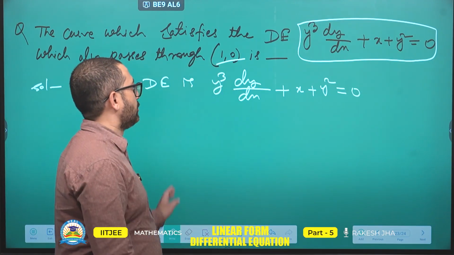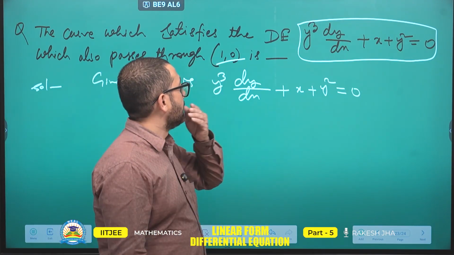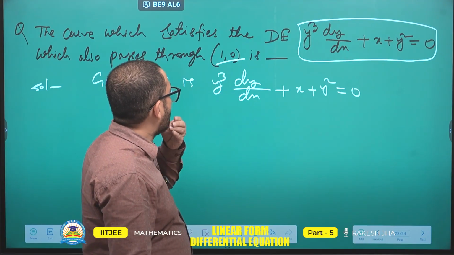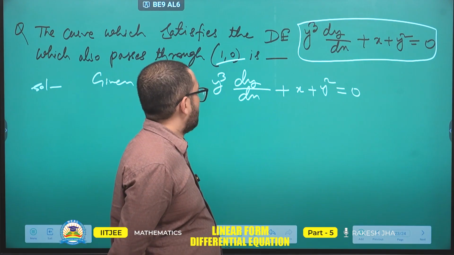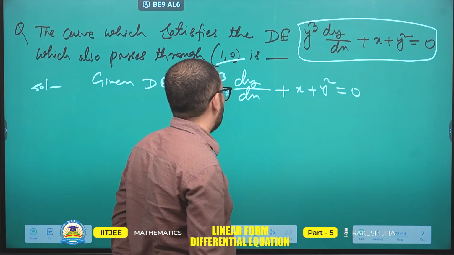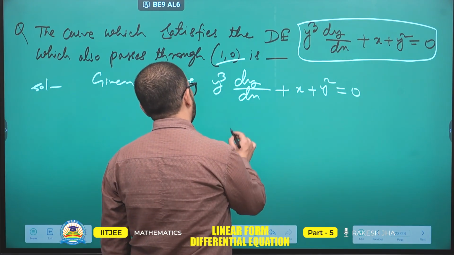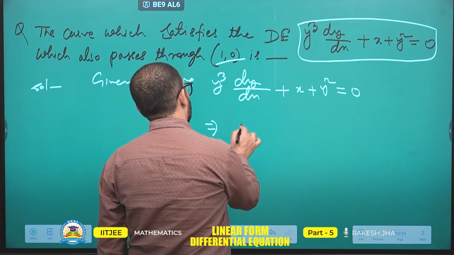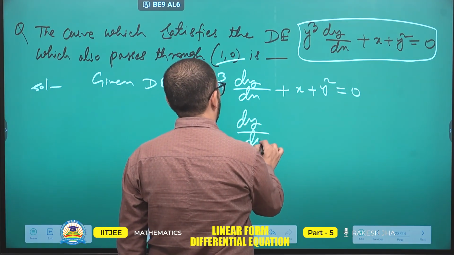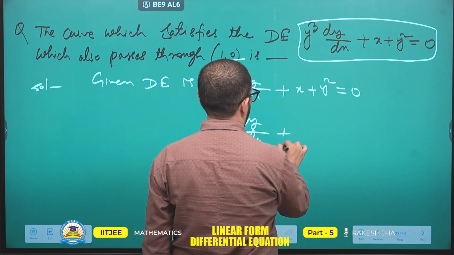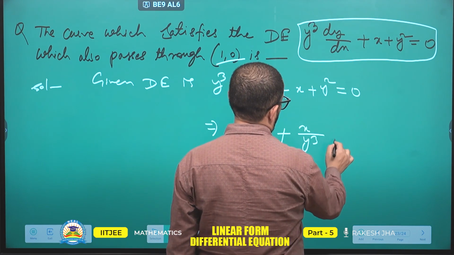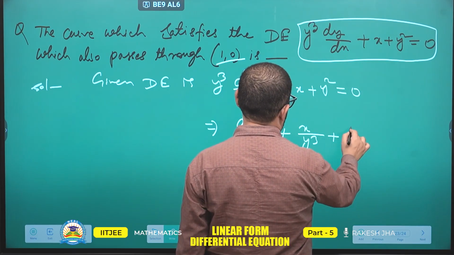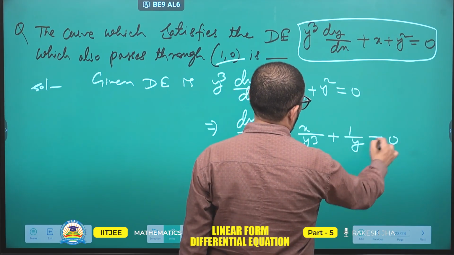If you divide both sides by y cube, then our form will be dy by dx plus x upon y cube plus y square upon y cube, that is 1 by y, is equal to 0.